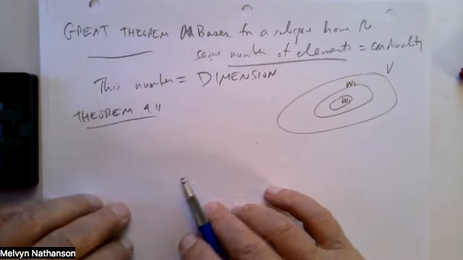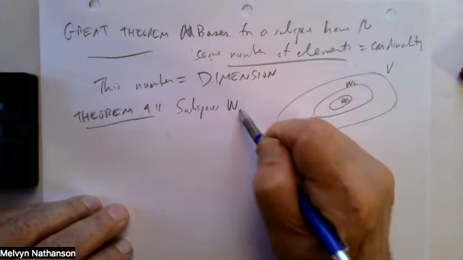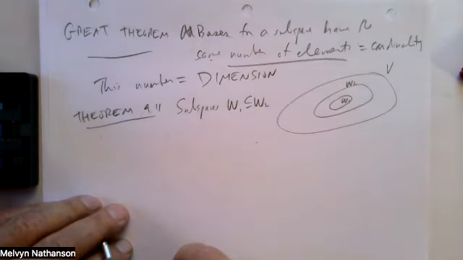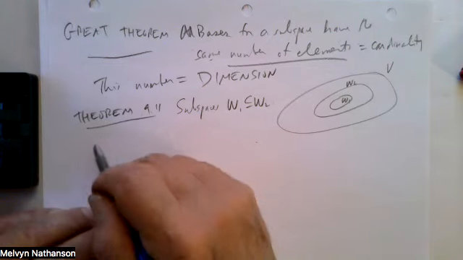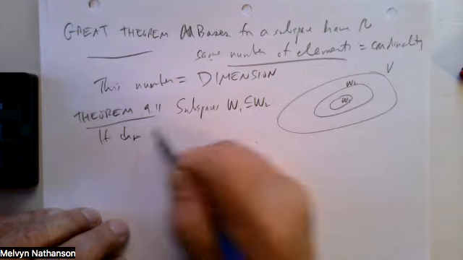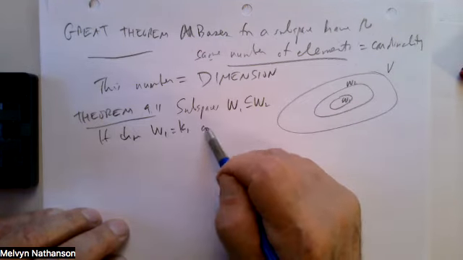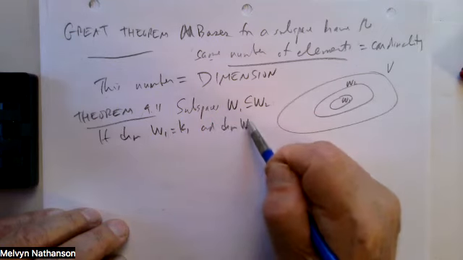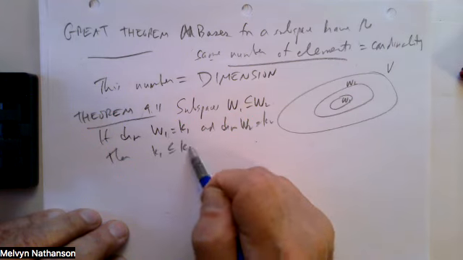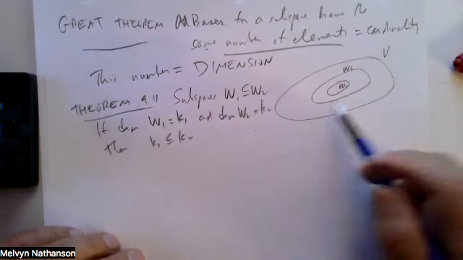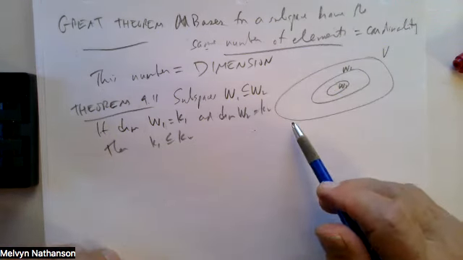And so we have subspaces W1 contained in W2 in the vector space V. And if the dimension of the small space is K1, and the dimension of the larger space is K2, then K1 is less than or equal to K2. That is, if you have a bigger space, the dimension can only get bigger.